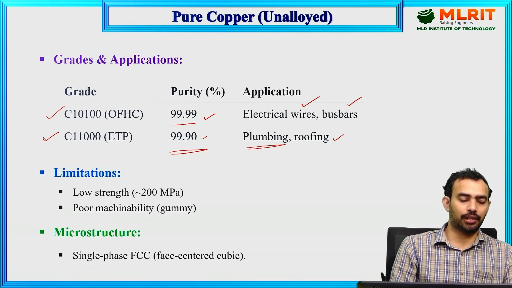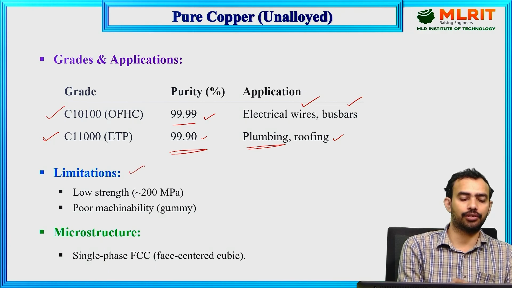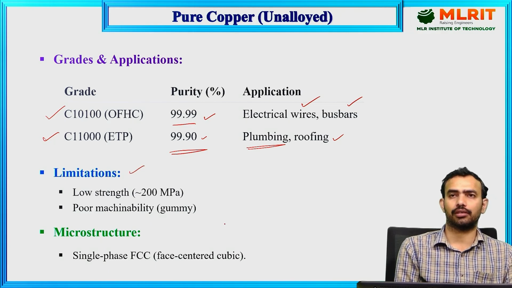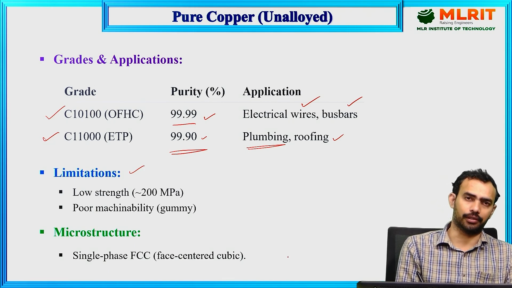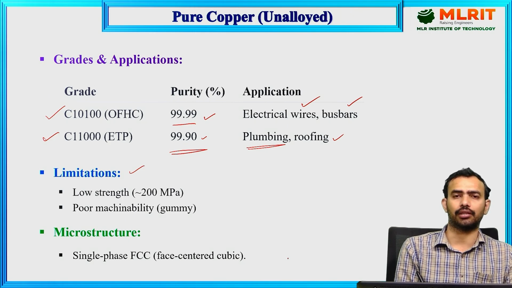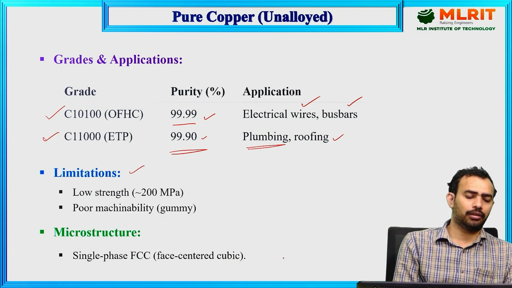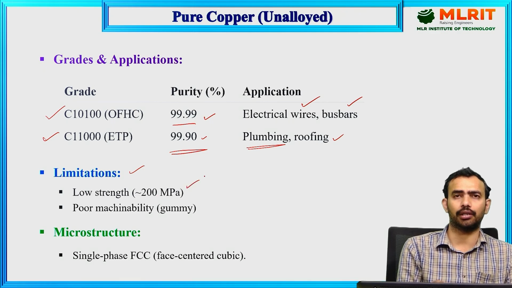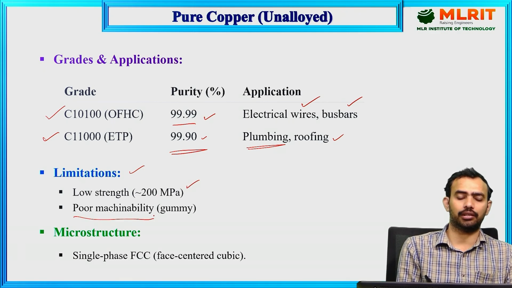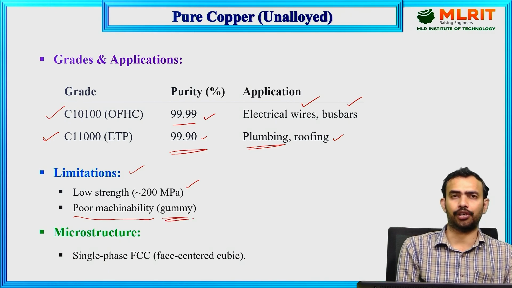It has its limitations. As we know, pure copper, pure aluminum, and pure iron are all soft metals. We have to increase their strength. Iron is relatively stronger when compared to aluminum and copper. Copper has a strength in the range of 200 MPa, and poor machinability, because when you try to machine it, it is gummy.